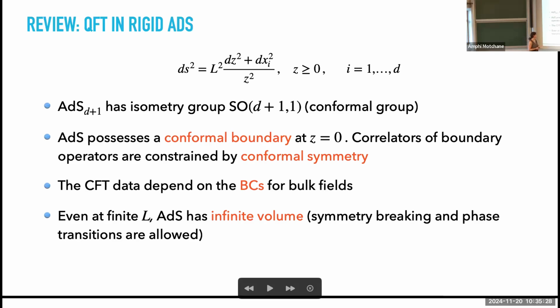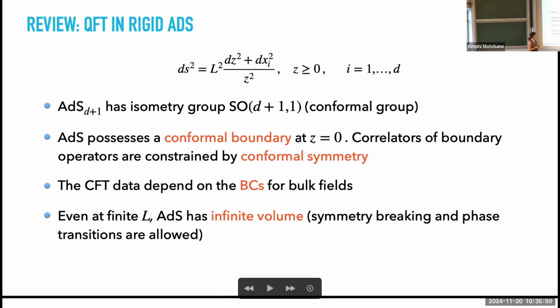The nice property of AdS is that the operators at the boundary have correlation functions which are constrained by the conformal symmetries. So if we consider QFT in rigid AdS, at the boundary we have operators whose correlation functions are those of a CFT.